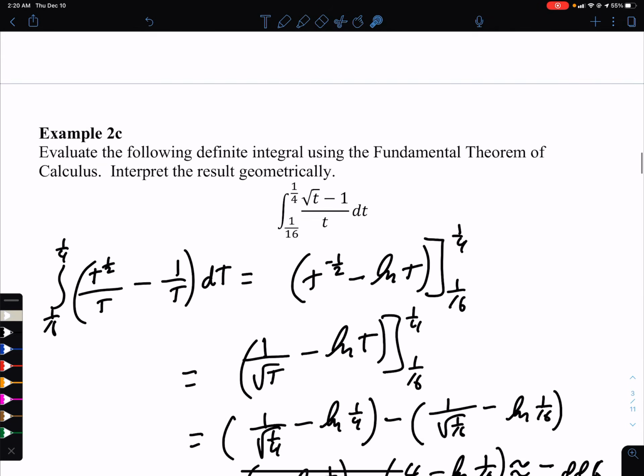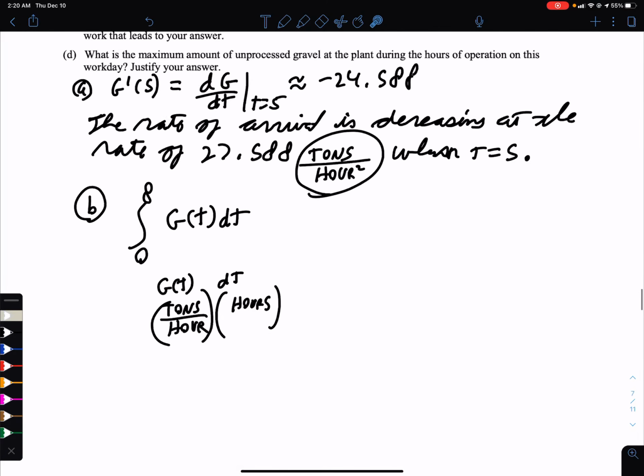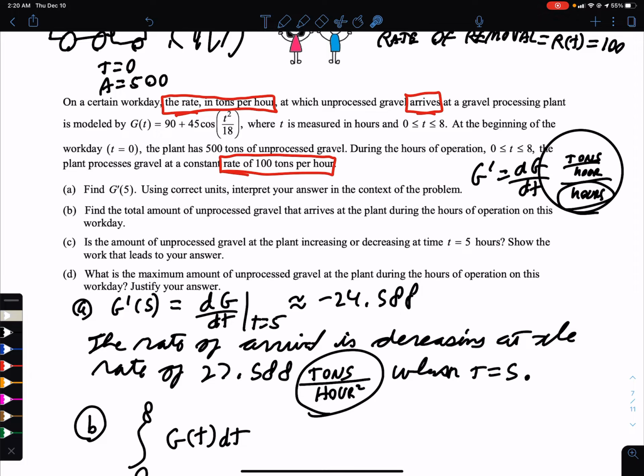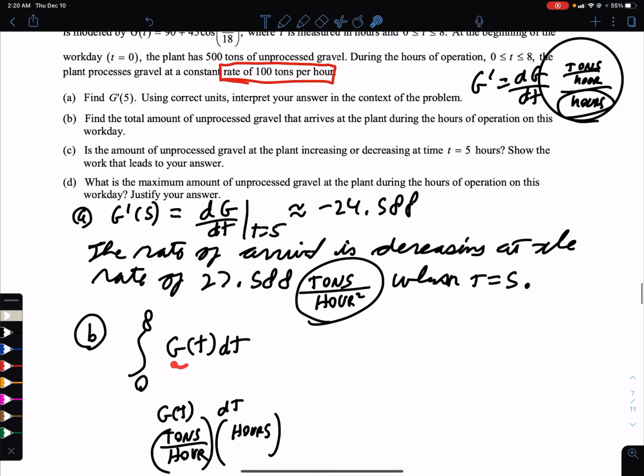So let's go back. This is huge. This is like awesome. If you integrate g, which is the rate of arrival, it gives you the change in the amount arrived.